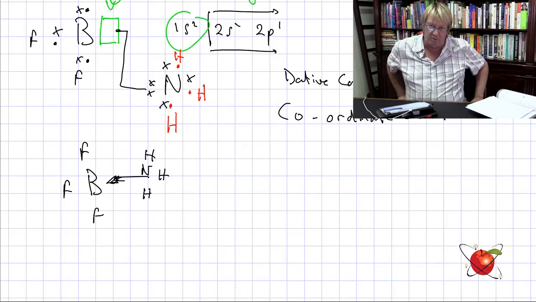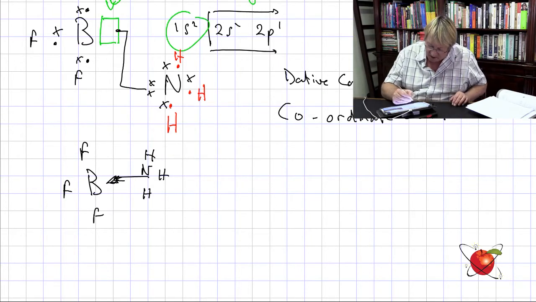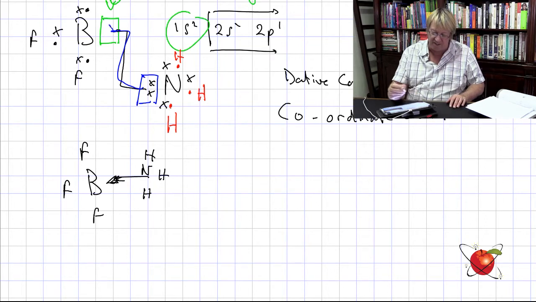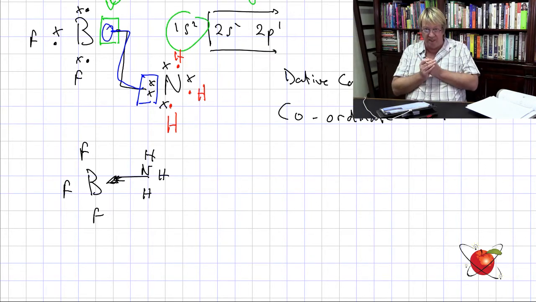It's gone to form it with the boron. So the nitrogen is using these two to help boron to fill this gap. So it's also complete, all right? That's what the dative covalent bond is about.